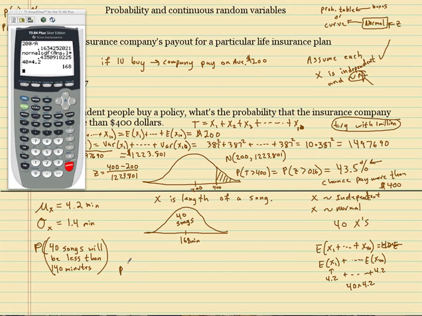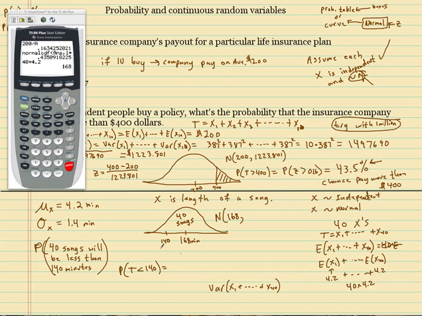So I'm saying, what's the probability that the 40 songs will be less than 140? The probability of T, which equals all these x's, where all these x's represent each song, will be less than 140. Okay, so this is normal, 168, and I still have to find the standard deviation. To do that, we have to go through the variance of all these x's.